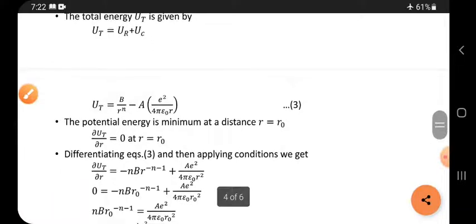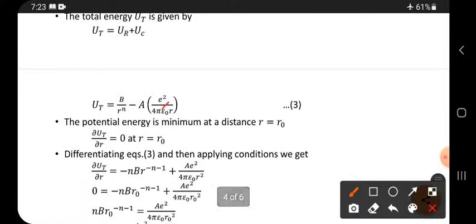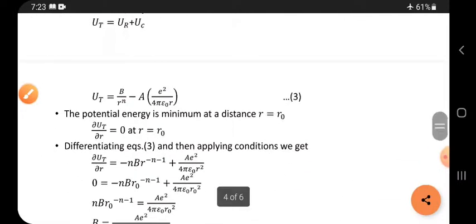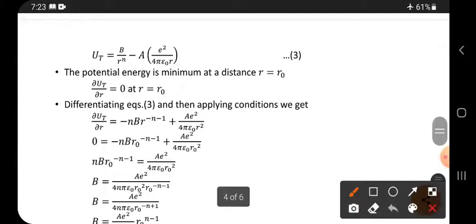Now substitute those two values in this equation, then we get this one. The minus is there because it is for attraction only. Now what do we have to do? Potential energy is minimum where r equals r naught. Potential energy is minimum where the attractive and repulsive forces balance.